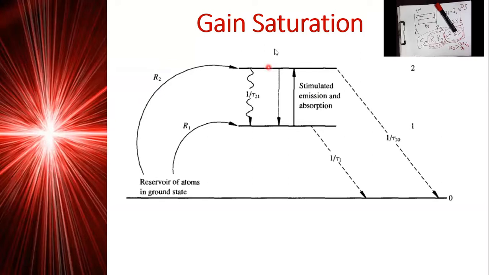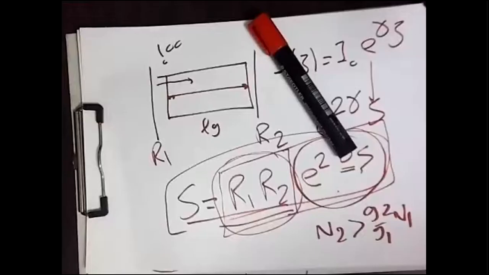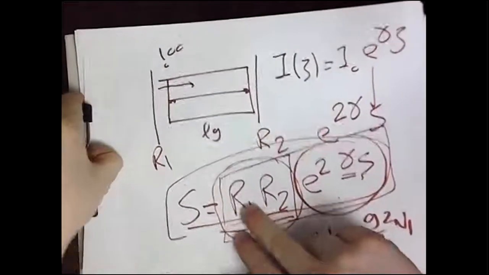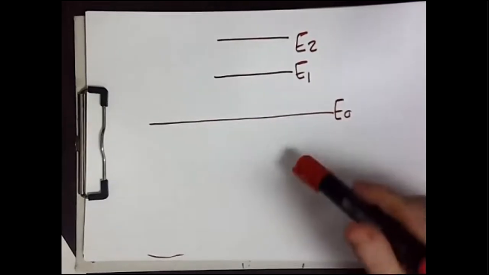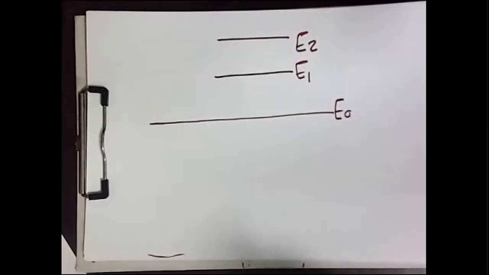So I will go back to my white paper and start writing together. Okay, so this is our system, E0, E1, E2. We are interested to write a rate equation for the levels E2 and E1. And let's see how we are going to write these equations.